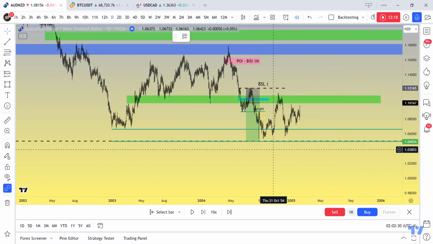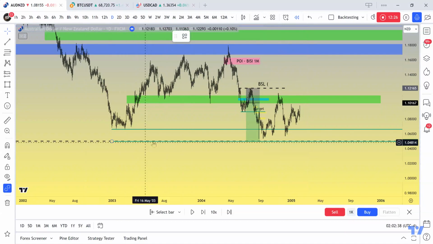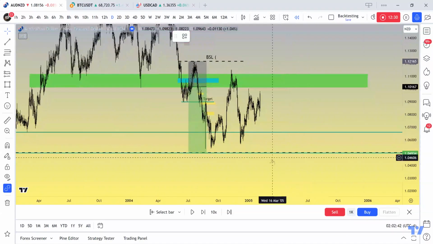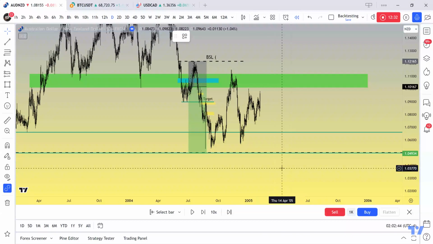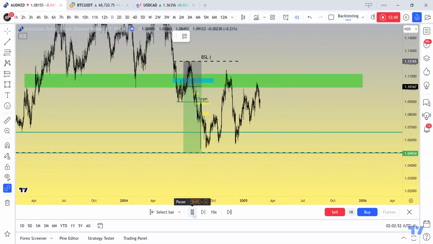The small animals, big animals, and then there's the giant blue whale, which is this yearly gap, yearly obvious area of equal lows that is a draw on liquidity sooner or later. They're going to build up as much as they can before hitting that, usually quite quickly. So let's just see.